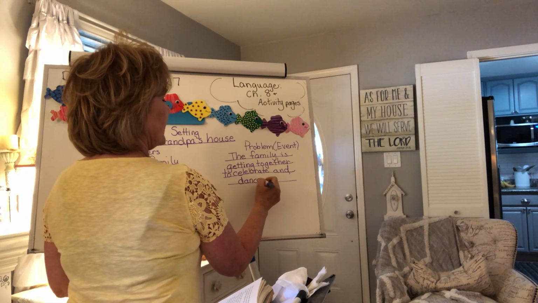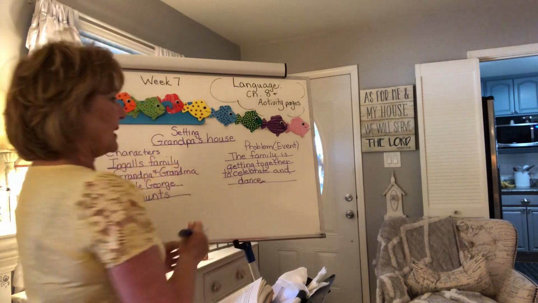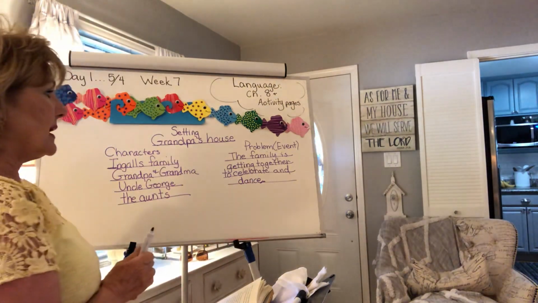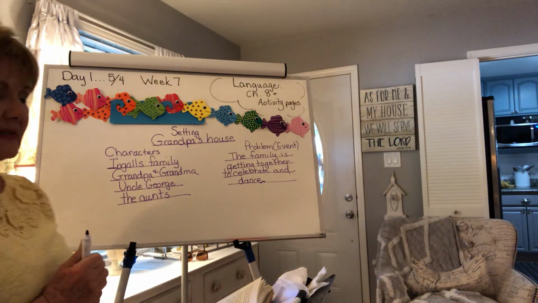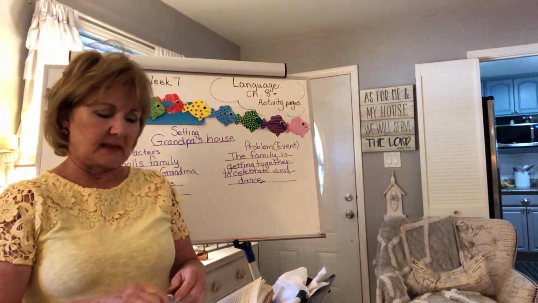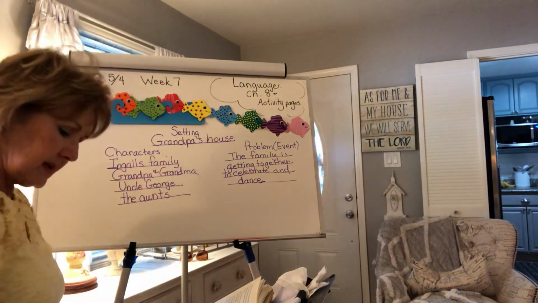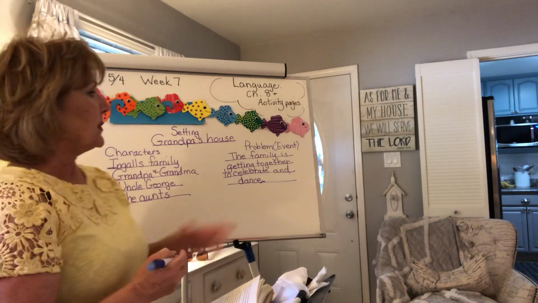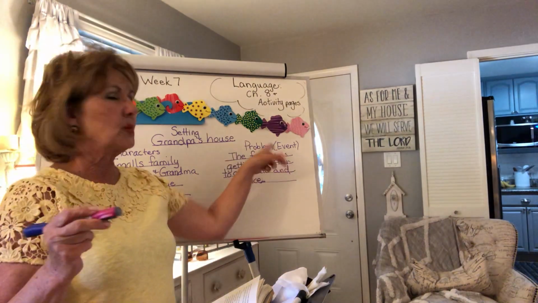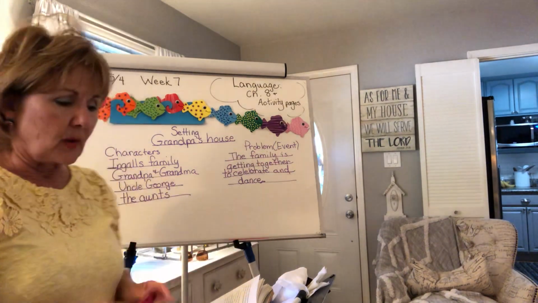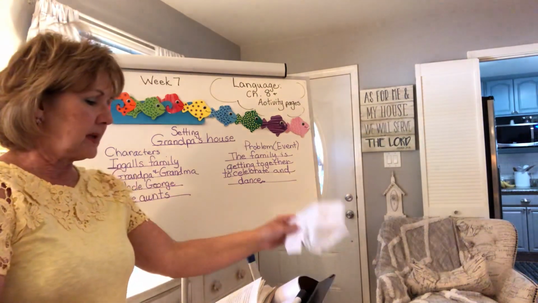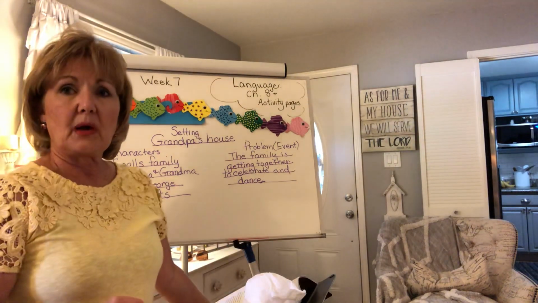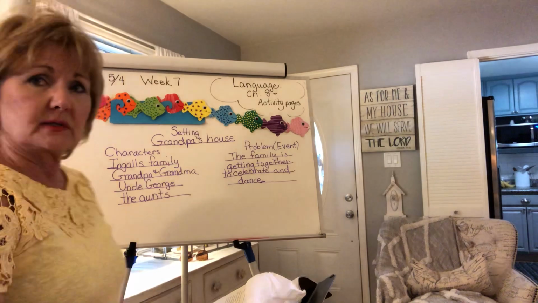They're just getting together, having a great time as a family, like a little family reunion maybe. The family is getting together to celebrate and dance. So that would be the problem that we're really calling an event. So I'm going to erase this to make space, but if you need to pause so you can copy, this would be a good time to pause.